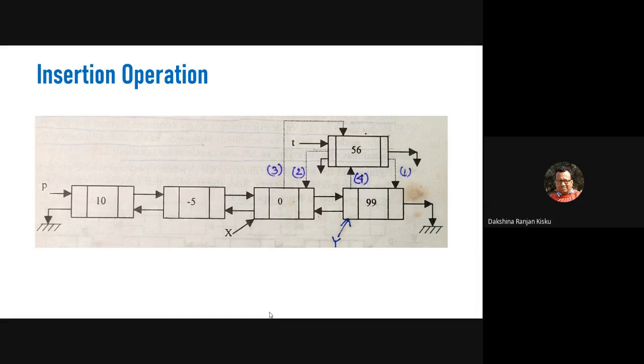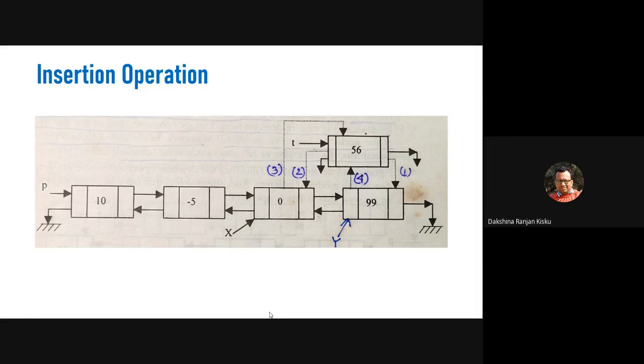So t right equals to x right, because x right is pointing to the last node. If we make t right equals to x right, that means the right pointer of the new node will be updated first, isn't it?